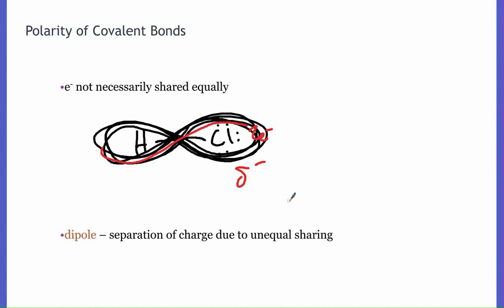Now, when I draw that partial symbol, it's kind of hard for me to do it on this board especially, but it's kind of like a D with a tail on it. It actually kind of looks like a music note to a certain extent, but that just means partial, meaning it's not always charged. I don't have a chloride ion, because that'd be a whole different thing.